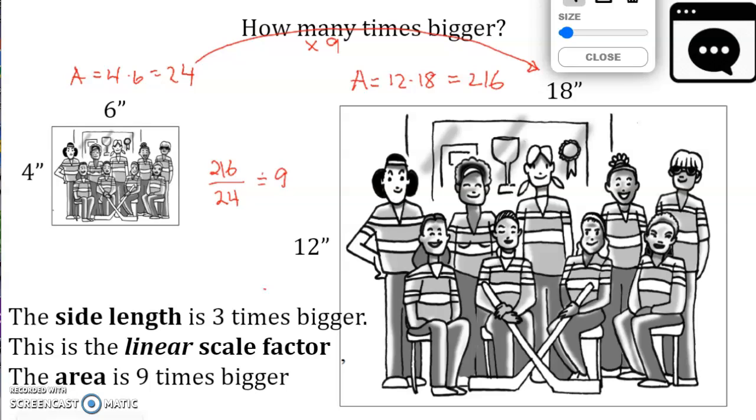That is because you've tripled one length as well as the other length. So it's not just multiplying the original area by 3, but by the scale factor squared. So 3 times 3 is 9, and the area is multiplied by 9.